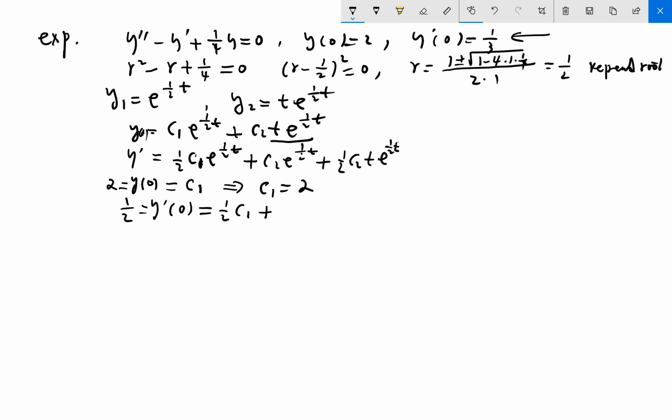Then plus C2, C2 e to the 0, and this last one is 0. So that's it, and we know C1 equal to 2, so you get 1 plus C2.